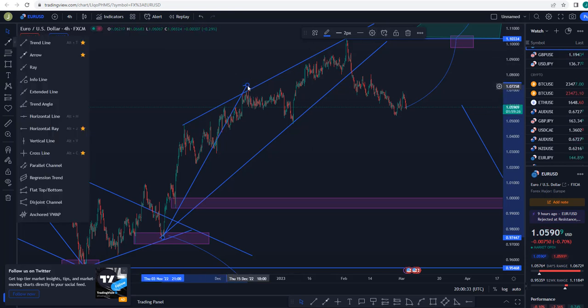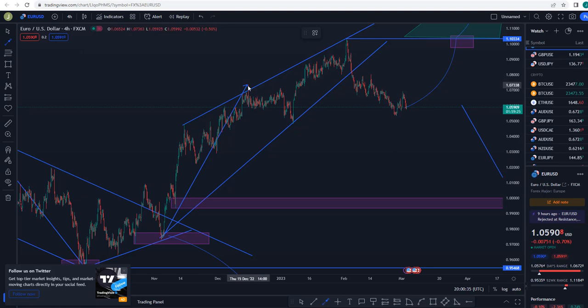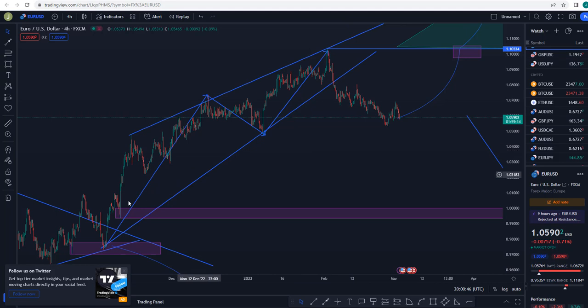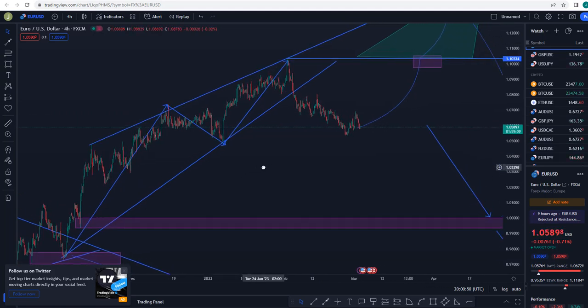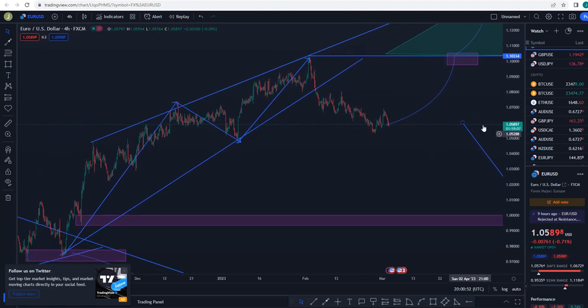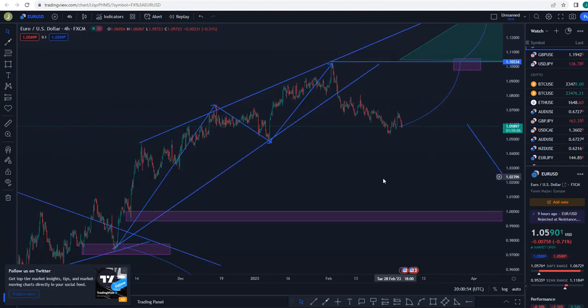This was a correction, the Christmas correction before pre-New Year and early New Year. Then we're looking at another impulse. So what has happened currently in 4 hours is that the market has formed a strong indication.